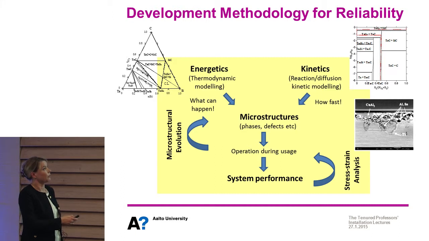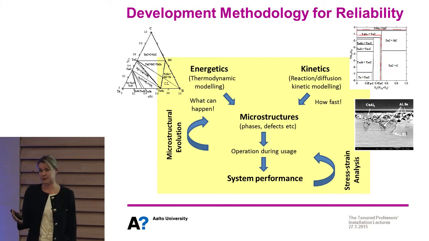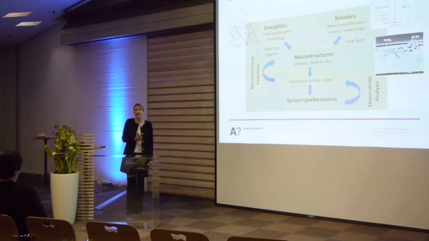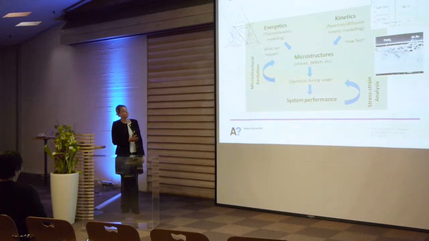But those two combined, and then we have to do a stress and strain analysis in order to understand the mechanical compatibility, so which areas are in danger of having damage.